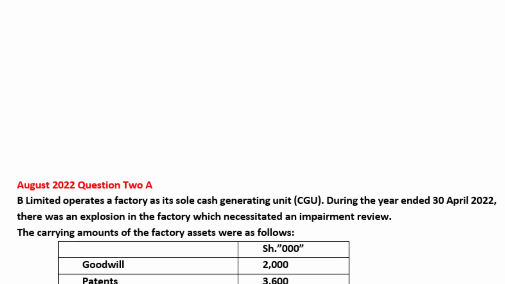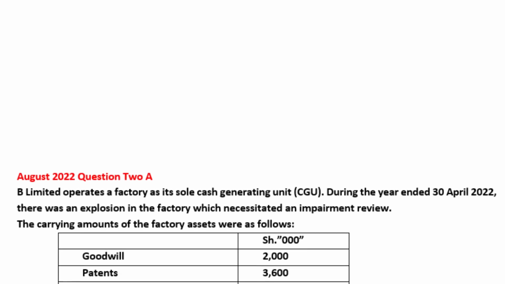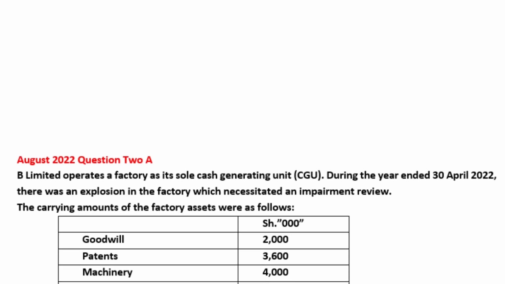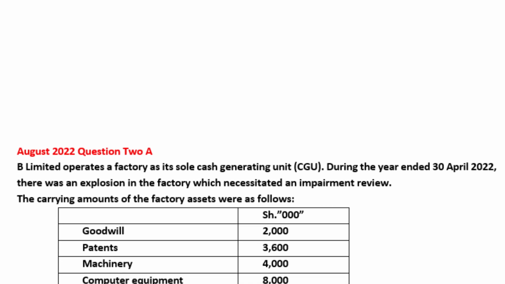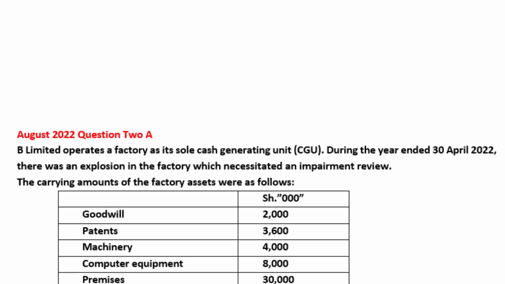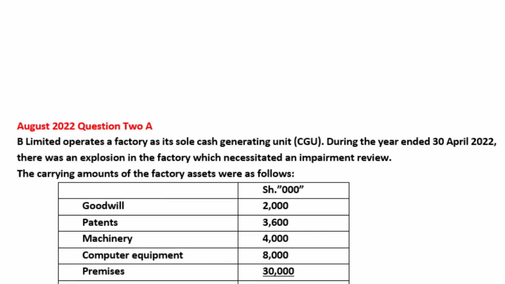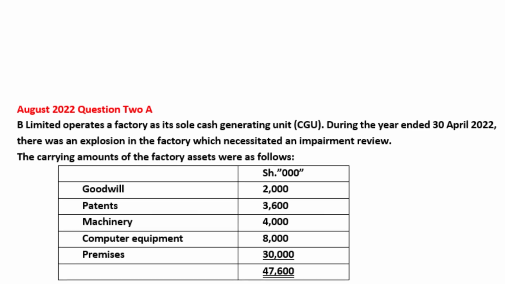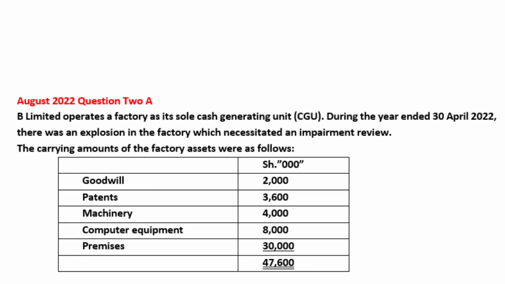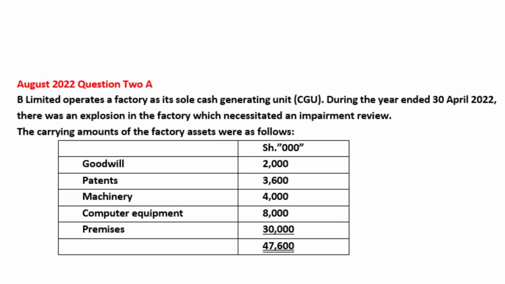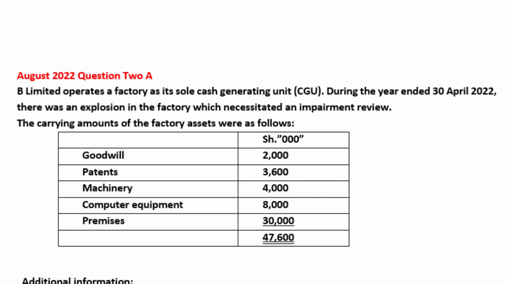So at the end of the year 2022 there was evidence that this cash generating unit could be impaired, and therefore a need to carry out an impairment review. We are given the carrying amounts of the factory assets: goodwill 2 million, patent 3.6 million, machine 4 million, computer equipment 8 million, premises 30 million. The total carrying amount is 47.6 million.